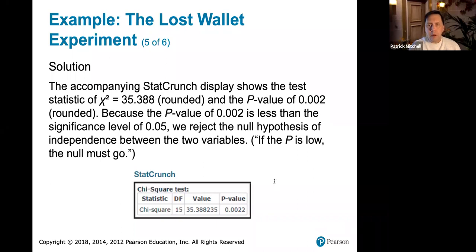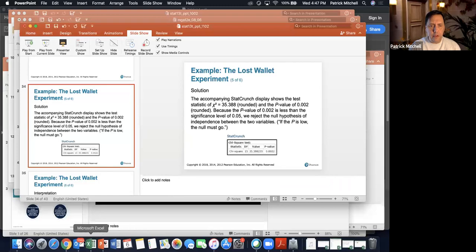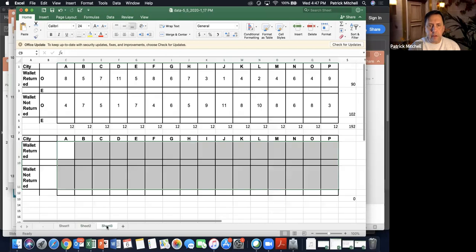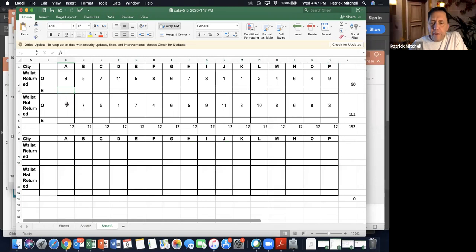So I thought it might be nice one more time to go over to Excel, and I have this all set up. Here are my observed frequencies, and I've already put in the row totals and the column totals. Remember, your expected frequency is the row total times the column total divided by the grand total.